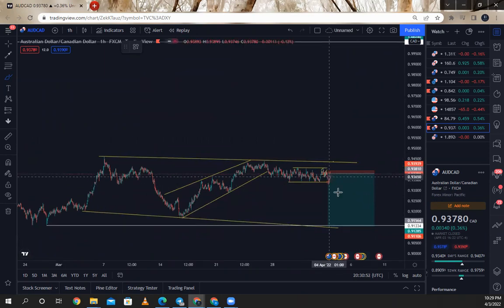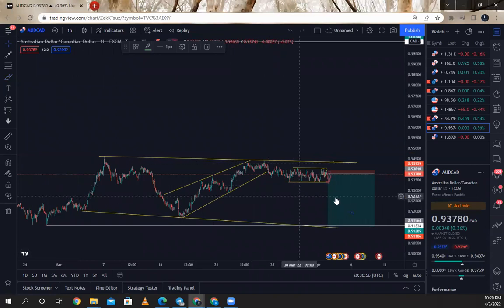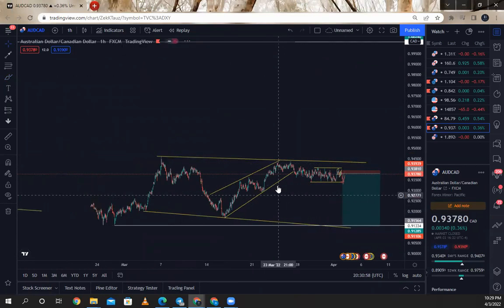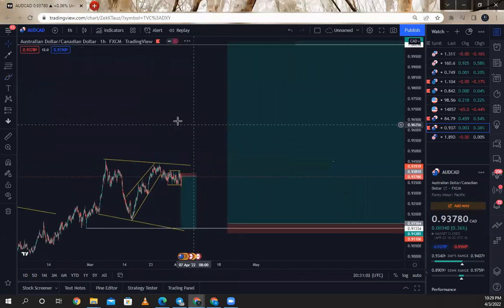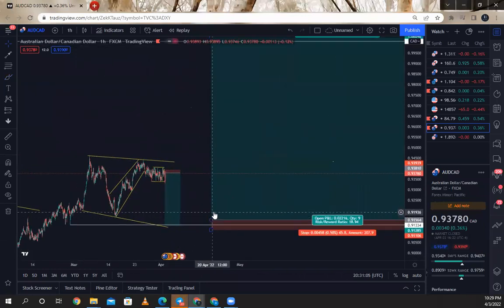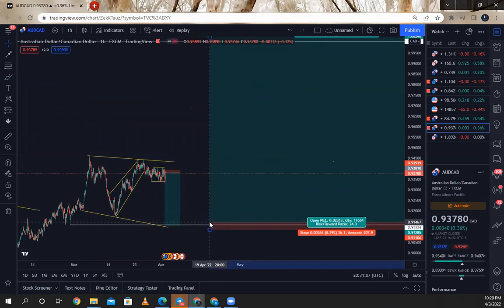You can enter this sell from here to the downside. You'll get about 20 risk to reward ratio. And then from here, we'll be waiting for the big buys.